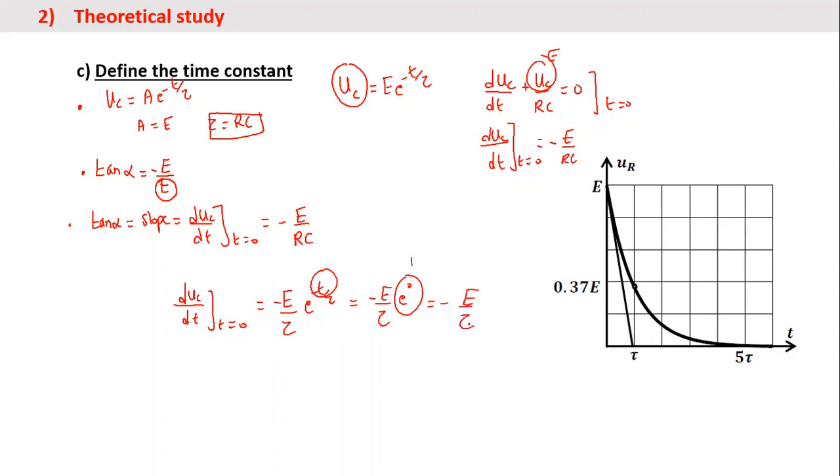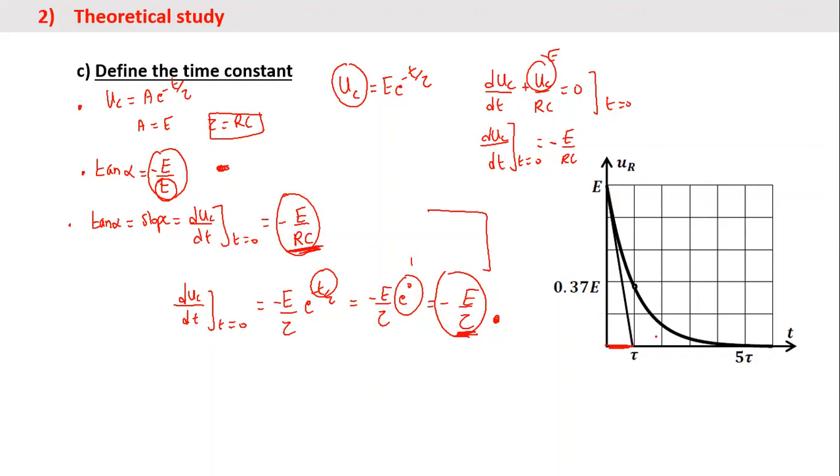So minus E over tau. If I look at these three answers, I can say that the intersection between the tangent and the line t is tau itself, using this one and this one. And then using these two, I can say that tau is equal to RC.